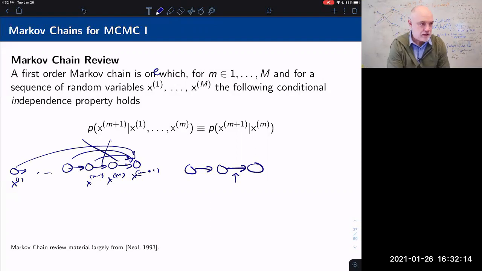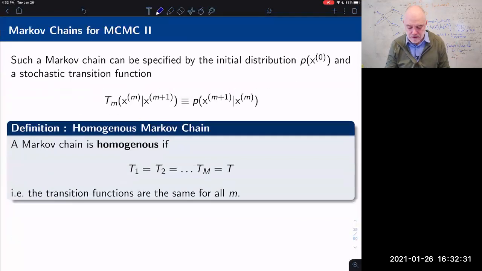And what we're going to be talking about is how to design transition operators in that space that lead to the behavior we want.